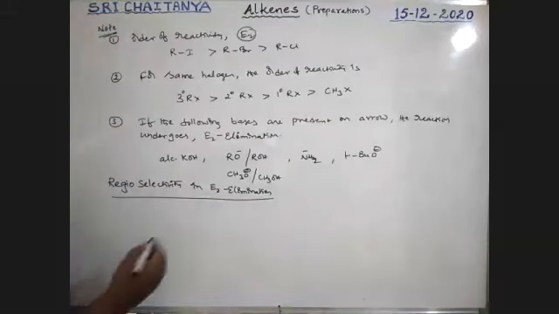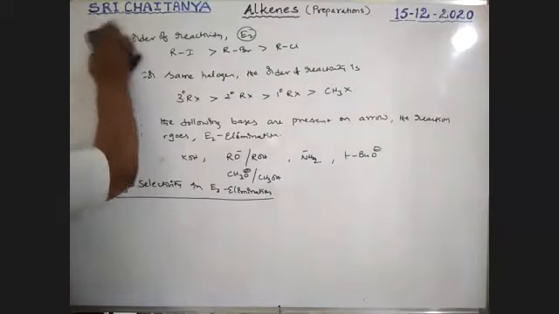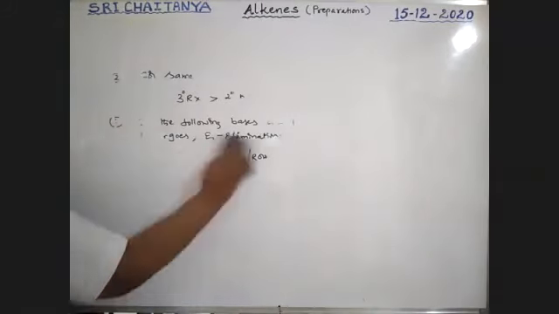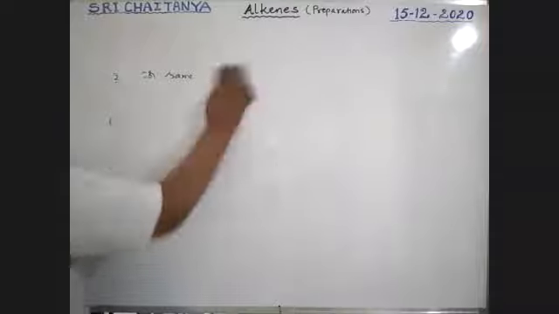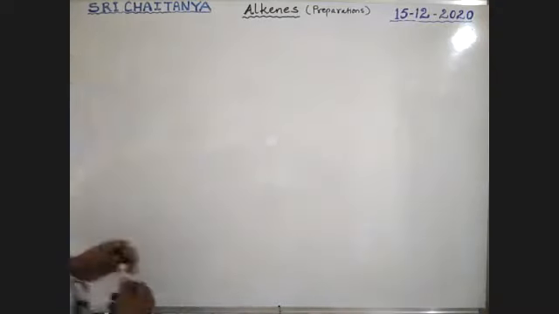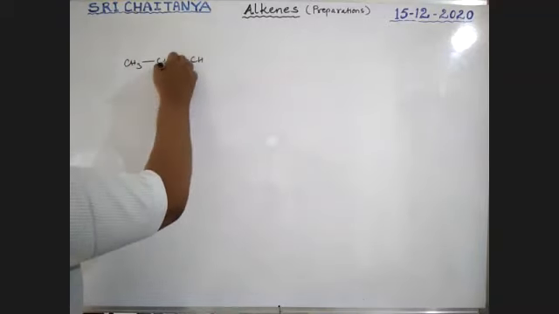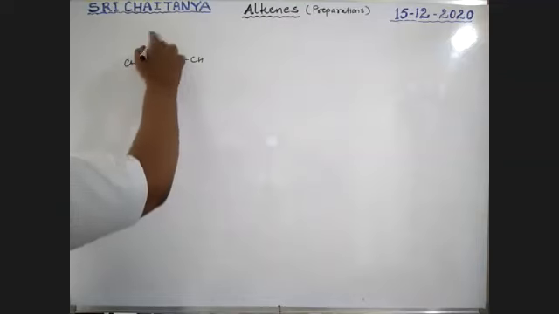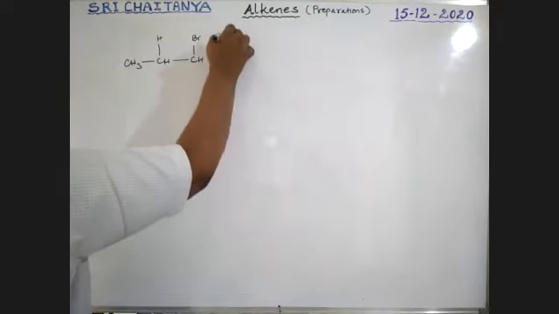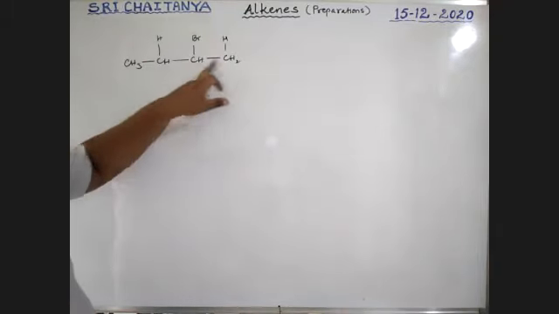For example, I am taking the compound CH3, CH2, CHBr, CH3. It is an unsymmetrical alkyl halide.